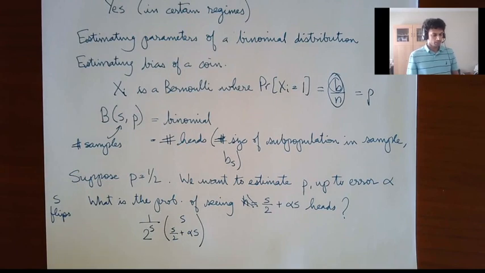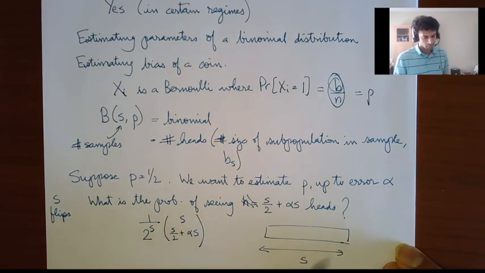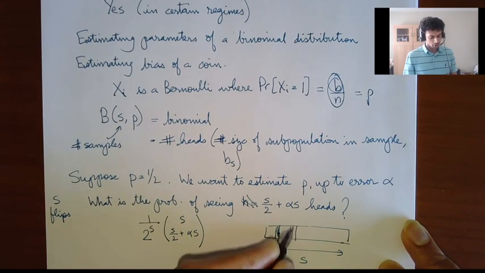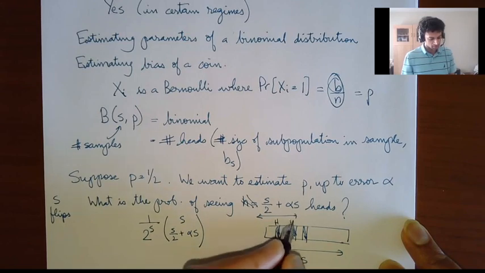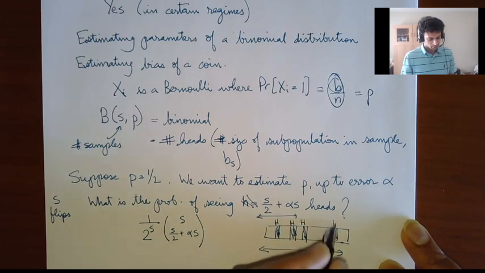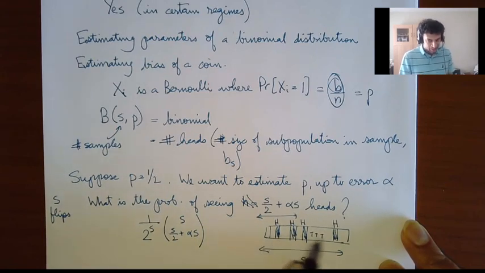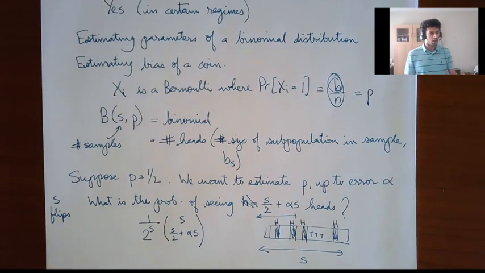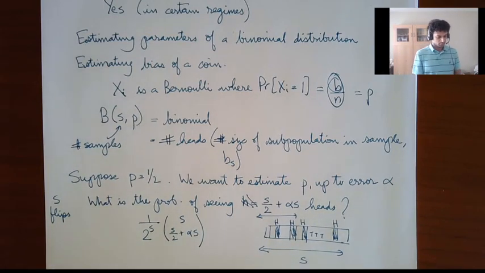You have S flips. First, you choose which ones are going to be heads. So you have to choose these many of them. And you say this is going to be a heads, that's a heads, that's a heads, and everything else is a tails. So the probability of seeing this specific instance is 1 divided by 2 to the S, because all the probabilities are a half. So this is the probability of seeing alpha S heads.